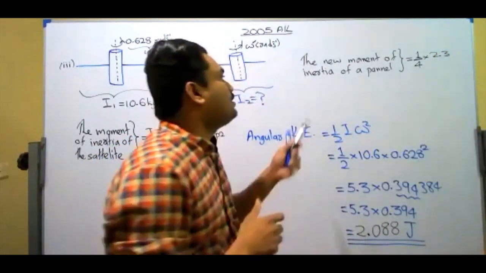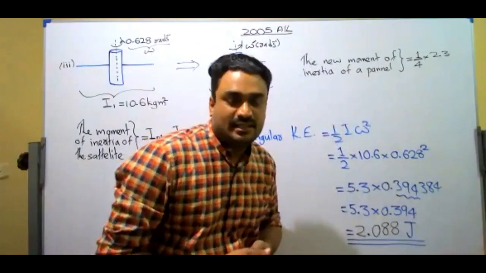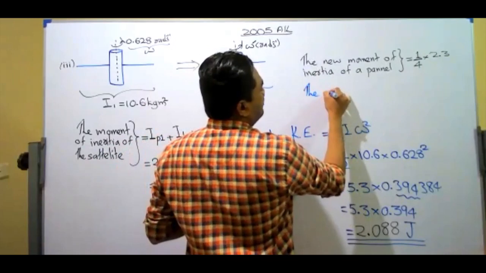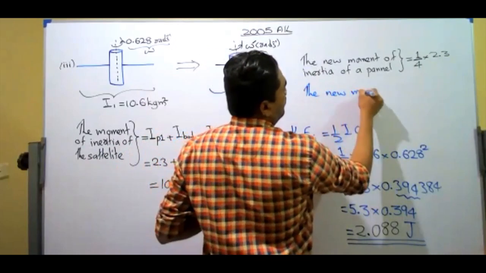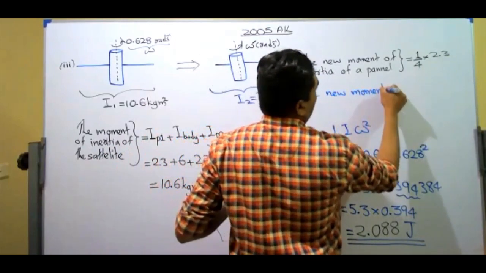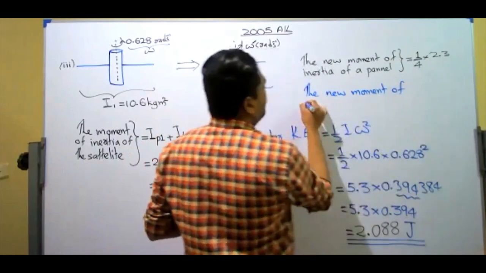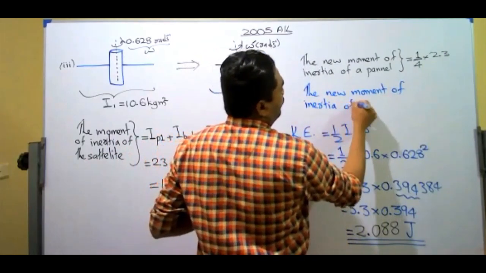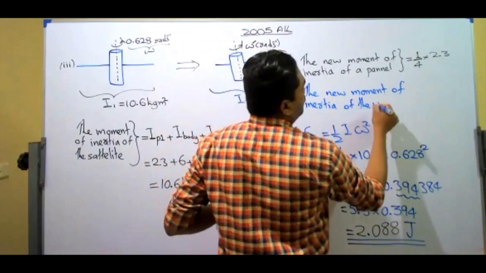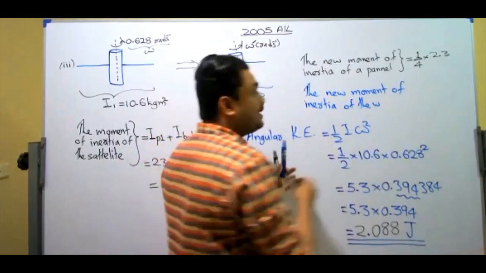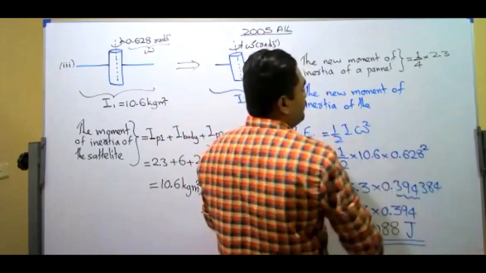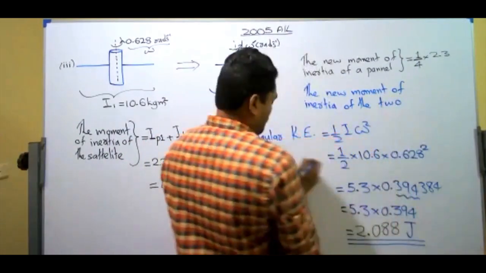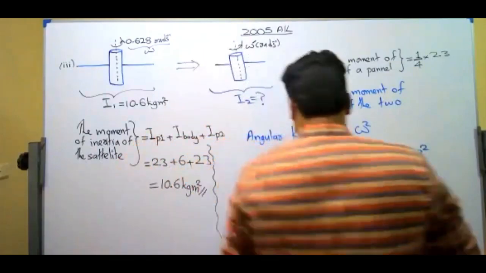So this is the moment of inertia of a panel. Then what about the new moment of inertia of the two panels? There are two panels.